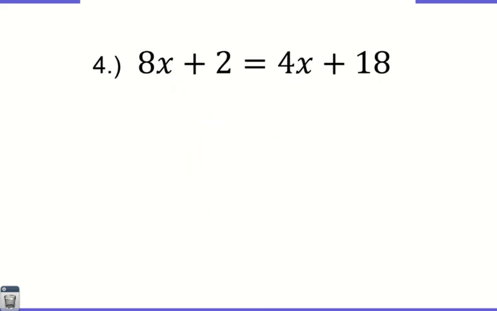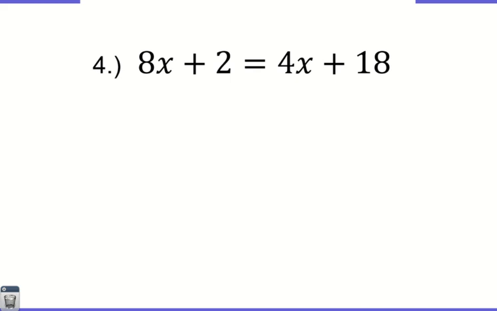Number 4, variables on both sides. Now, I'm going to stop right here and just interject something. These equations could be even more complicated. Like I could throw some parentheses in there and such. For example, if there were parentheses on one or both sides of this equation, that's what you would do first.